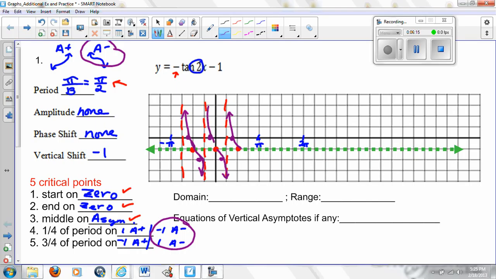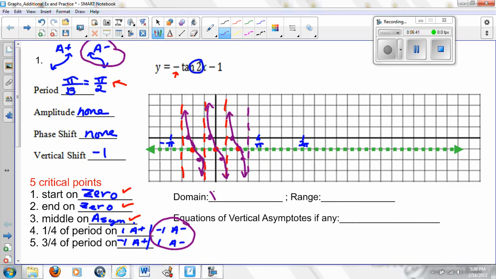It'll be going down like this. Right now the graph is basically completed with 2.5 cycles. You can continue on if you like to finish this one with another vertical asymptote here, or you can stop the graph, just making sure that you have given me 1.5 cycles with 5 critical parts. Now to finish up, the domain is all real numbers except where the asymptote exists.